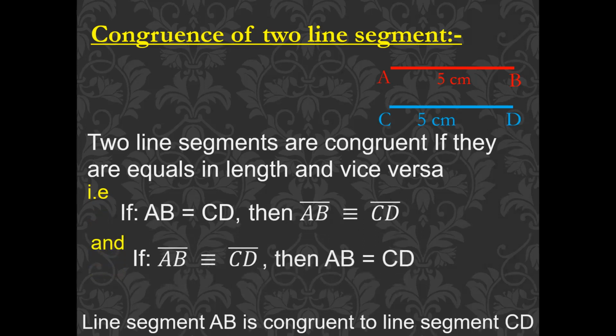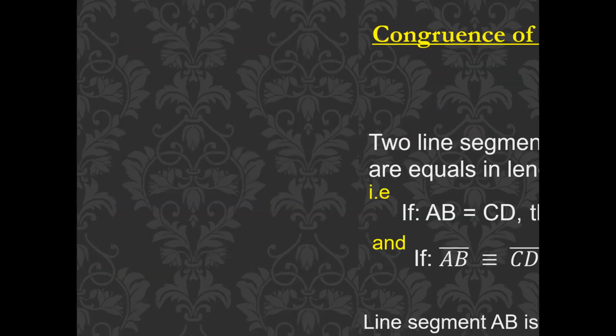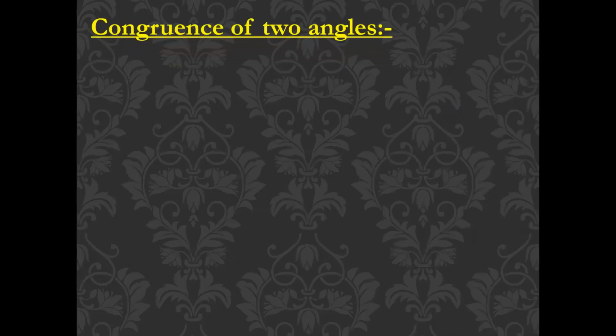If two line segments are congruent, then they have the same measure. Congruence of two angles: we can say that two angles are congruent if they are equal in measure. Pay attention: two line segments are equal in length, but two angles are equal in measure.